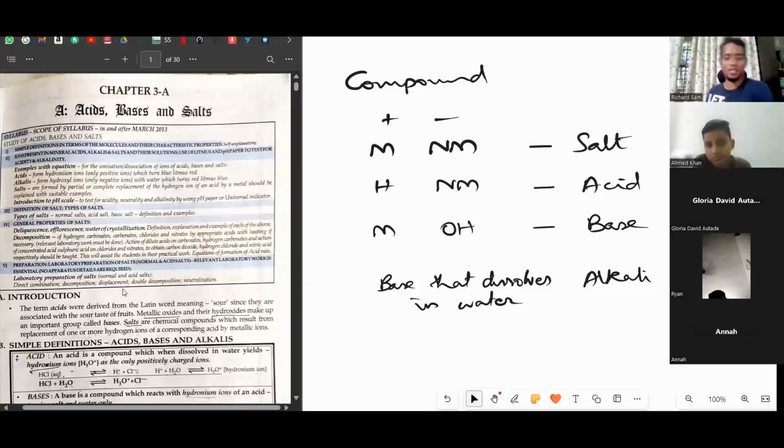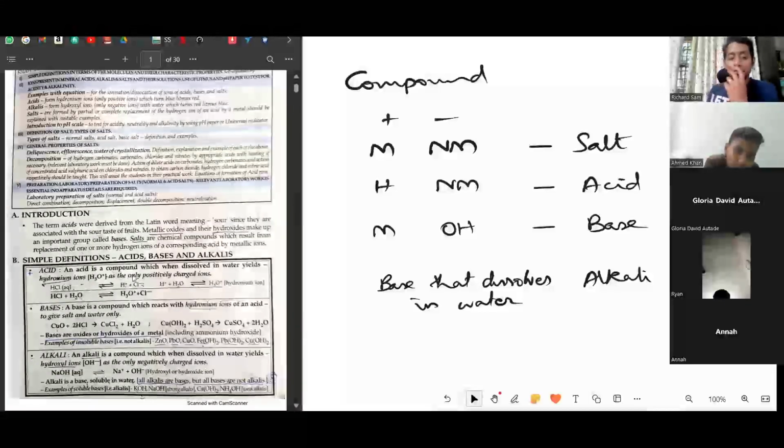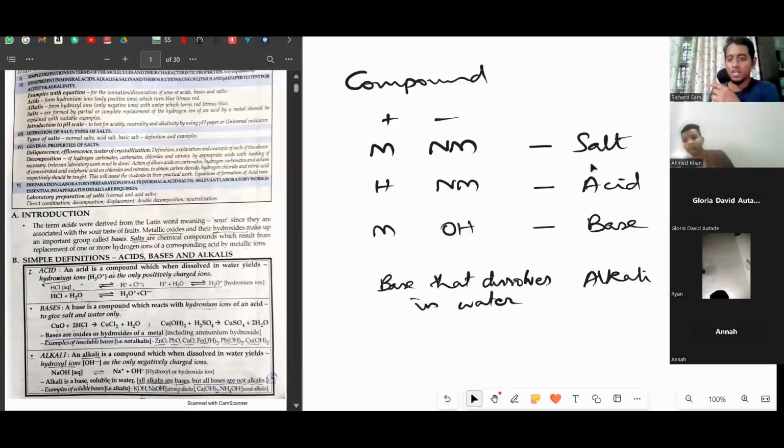Now let's look at the definition in the book for what an acid is. An acid is a compound which, when dissolved in water, yields hydronium ions as the only positively charged ions. So this is your acid, H with the non-metal. When you put this acid in water, this H and the non-metal will separate. You'll have hydrogen ions and the non-metal ions.